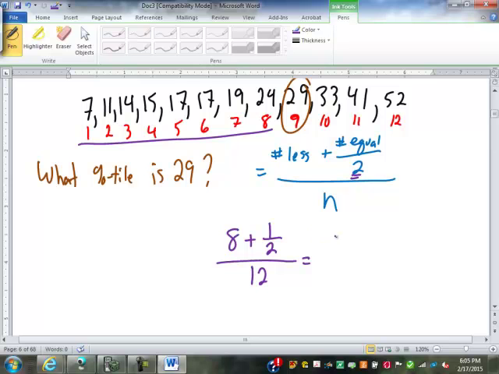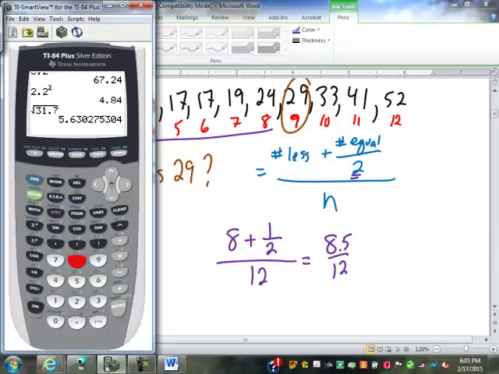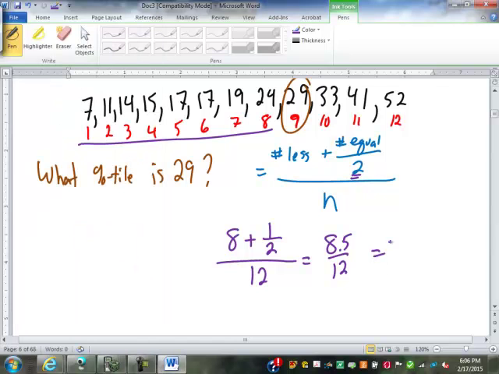So 8 plus a half is 8.5 divided by 12, which is 0.708. You round that to the 71st percentile. So this is 71%, so the 71st percentile.